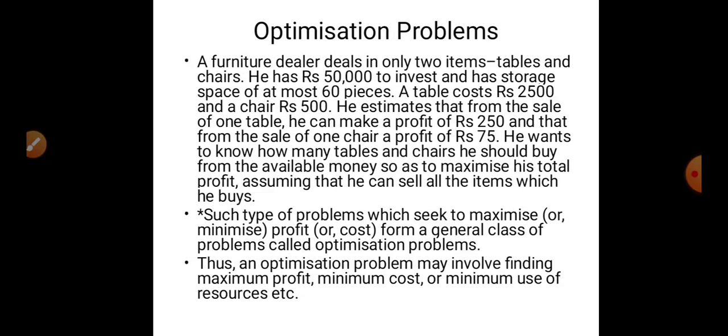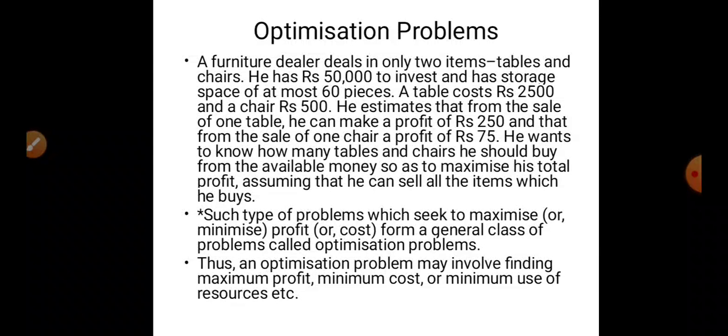A furniture dealer deals in only two items, tables and chairs. He has rupees 50,000 to invest and has storage space of at most 60 pieces. A table costs rupees 2,500 and a chair rupees 500.